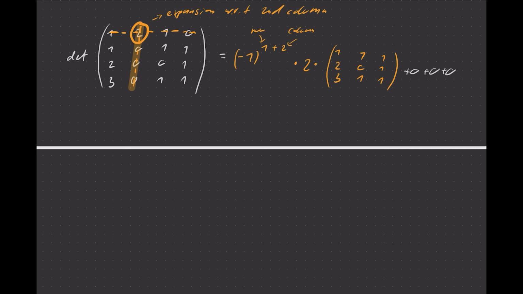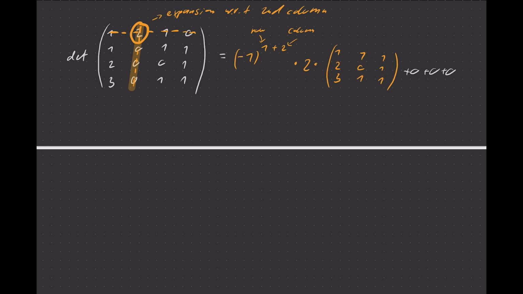Okay, so that's the first step. Now we're down from 4x4 to 3x3 matrices. So for the 3x3 matrix, let's again apply Laplace expansion. Again, let's have a look at the rows and columns and see if we can find any zeros. There's just one 0 here, so we might either use that column or that row.